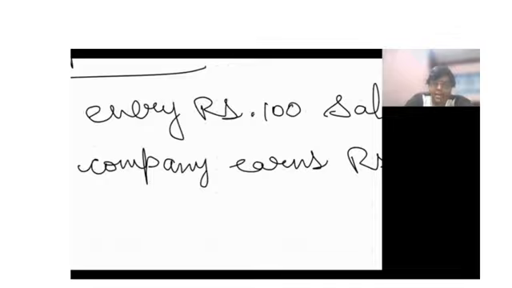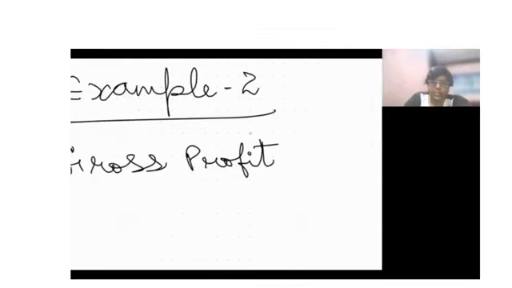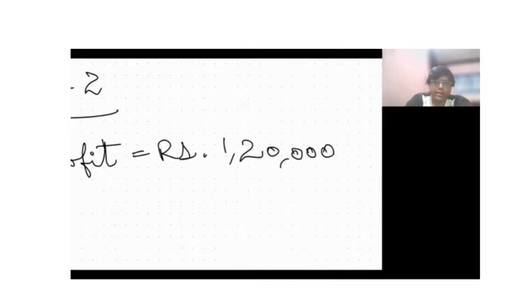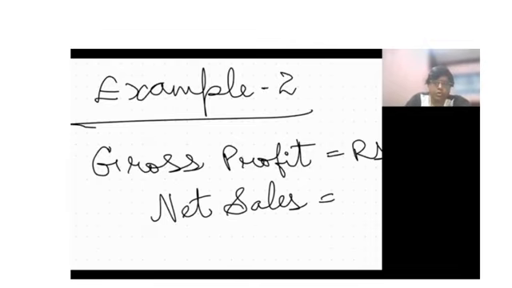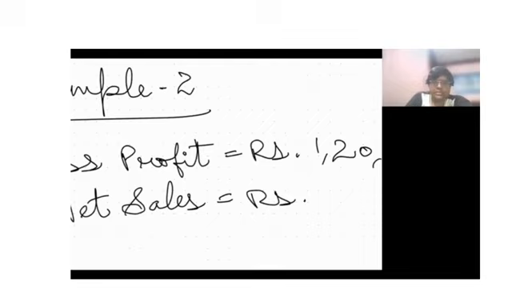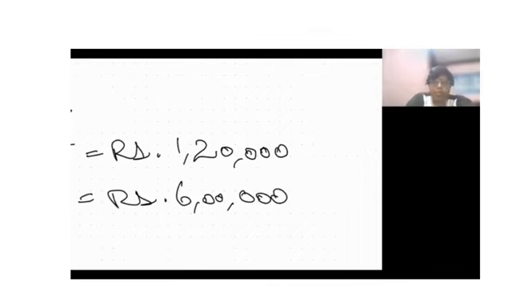Now, let's see example 2. Gross profit equals rupees 1,20,000 and net sales equal rupees 6 lakhs. What will be the ratio?